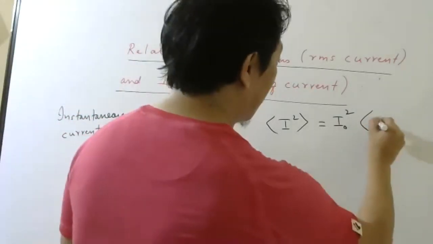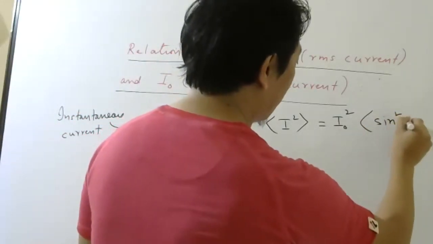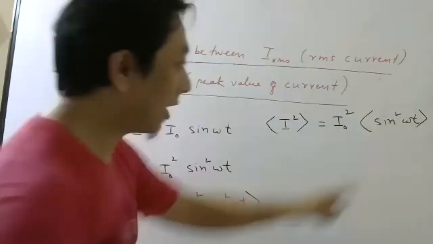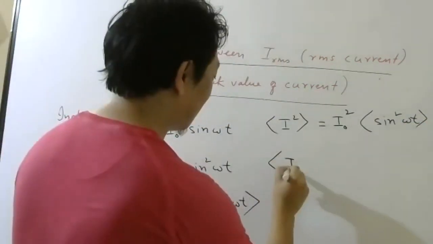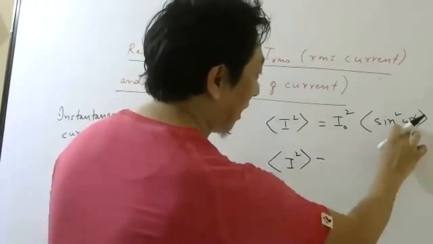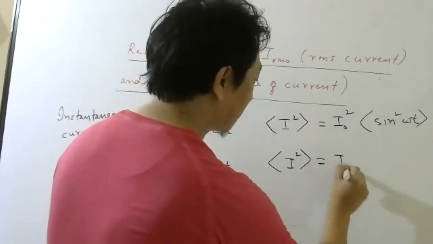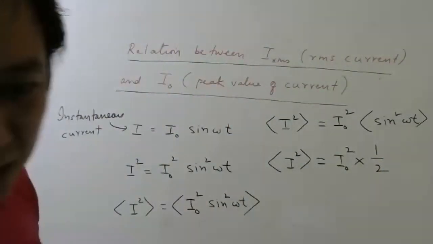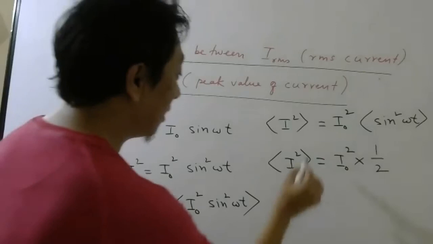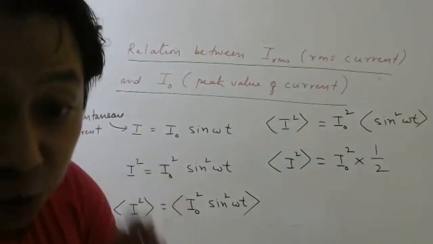What will be left? Average of sine square. Oh, this one I have already seen before. How much is it? Half. I don't care which angle is here, remember. So this is half. In the exam also you can directly write half, no problem. So this is your average of the square of current.